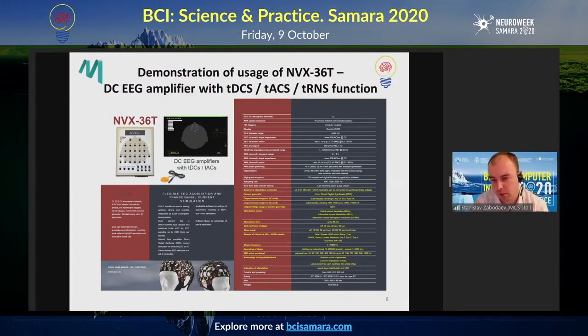So it is a 32-channel EEG with stimulation with direct current, alternating current, and direct noise stimulation. And a lot of researchers now can use both DC and AC stimulation, which are applied at the same moment in time.